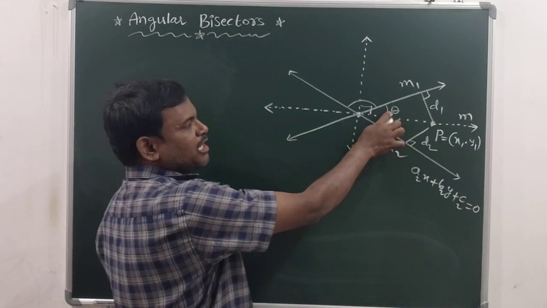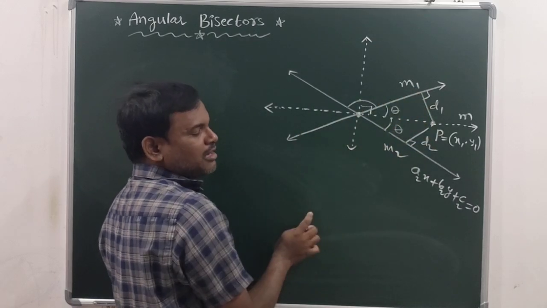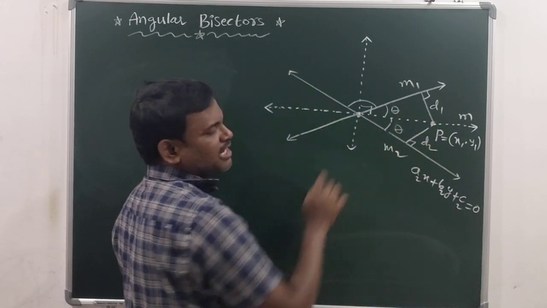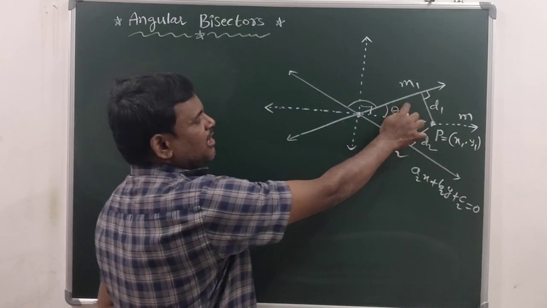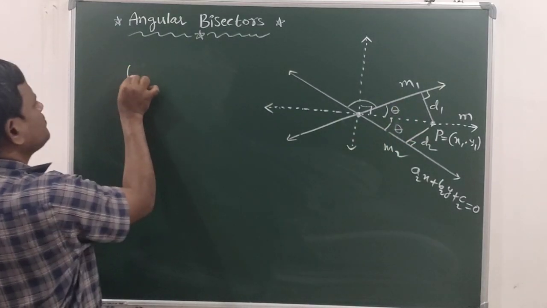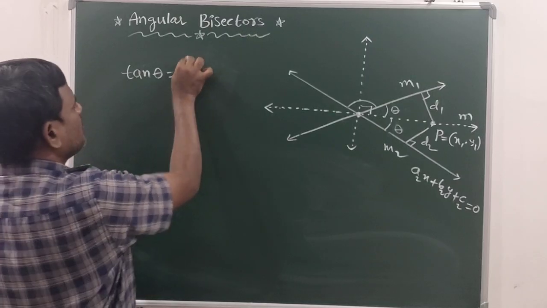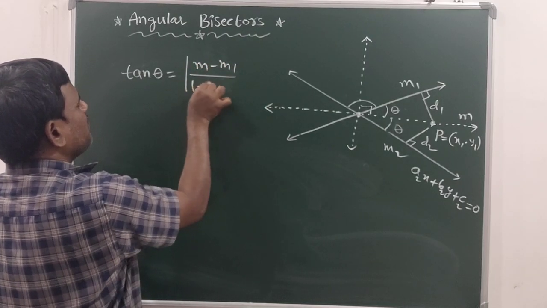Theta is the angle between the angular bisector and the first line. Theta is also the angle between the angular bisector and the second line. Okay students, now measure this angle. How do you measure? Tan theta is equal to, you know students, (m - m1) by (1 + m m1).